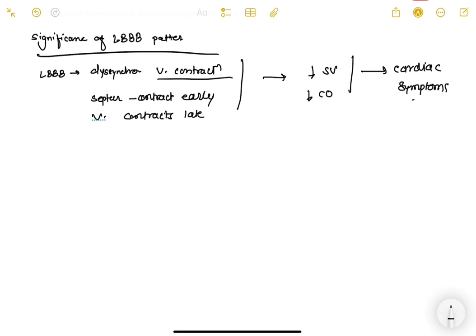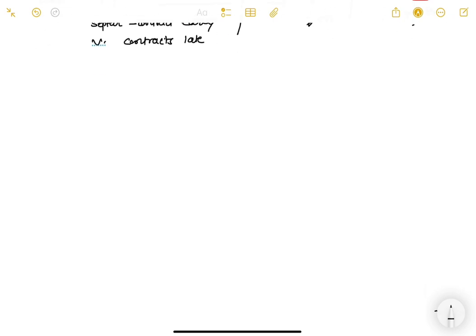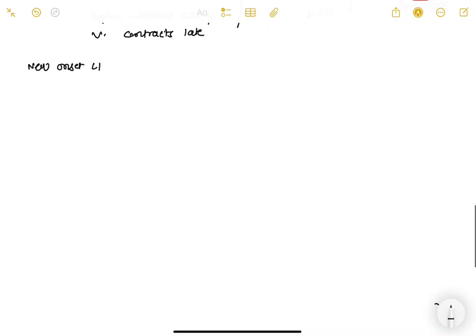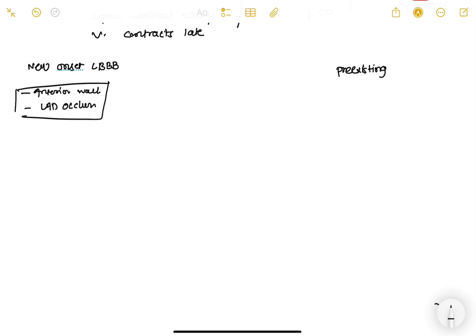Again, I would like you to pay more attention to the LBBB pattern with respect to new onset LBBB. There are two things: a new onset LBBB, and a pre-existing one. Now, whenever there is an anterior wall MI or LAD occlusion, there is a higher chance that we will get the LBBB pattern and not the routine ST elevation.